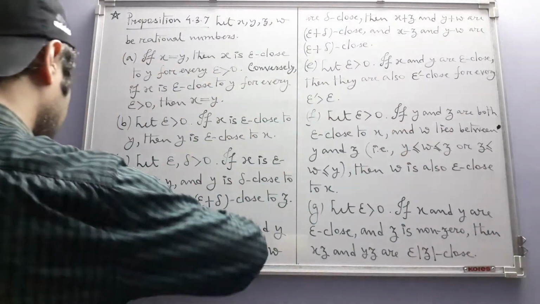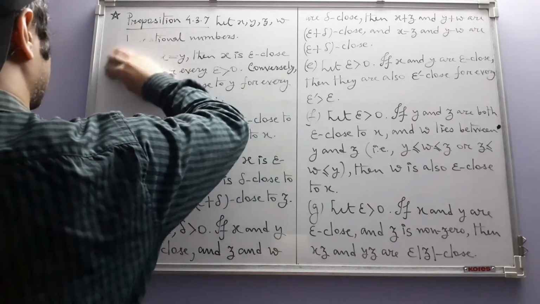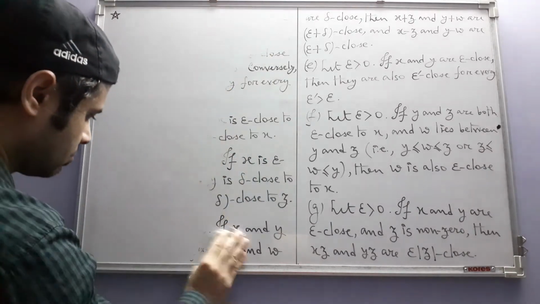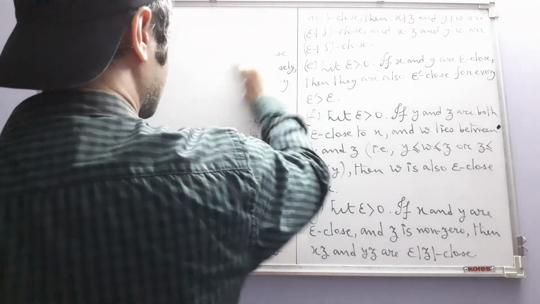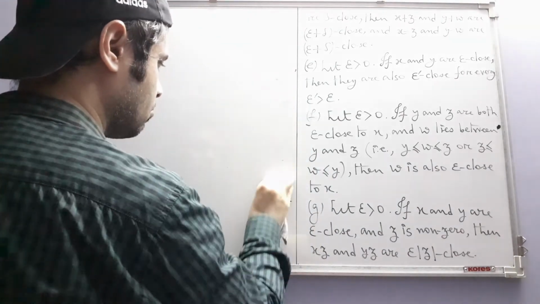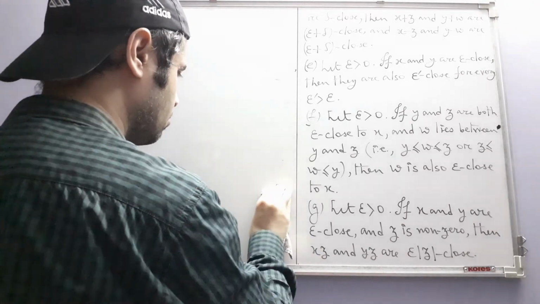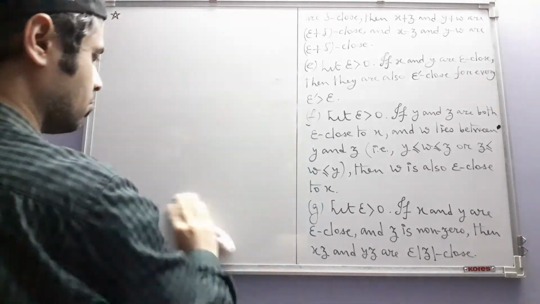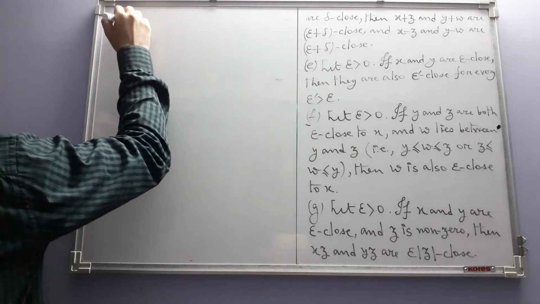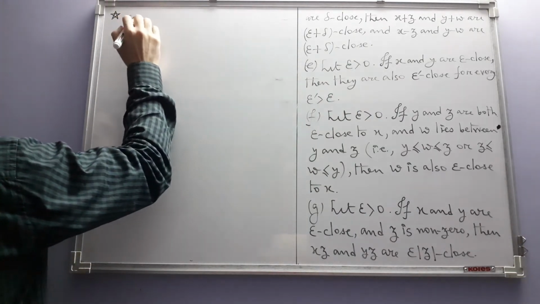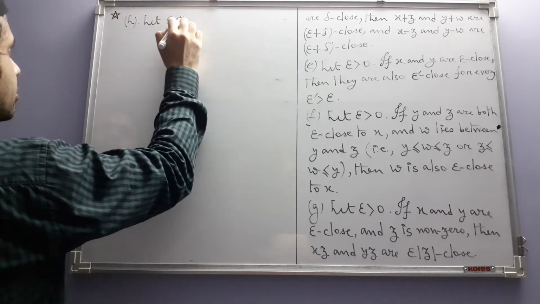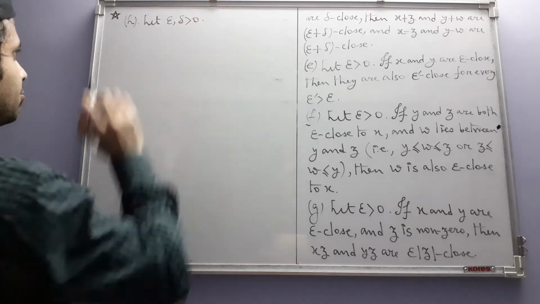And finally we have part H. Let epsilon and delta be positive rational numbers.